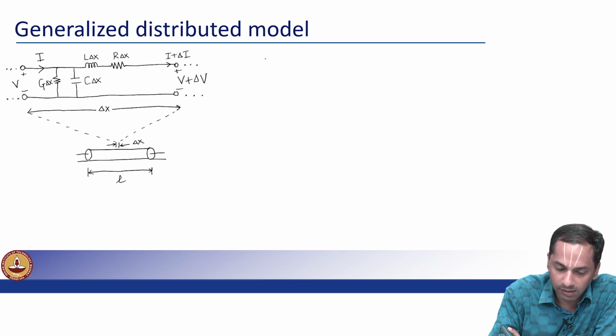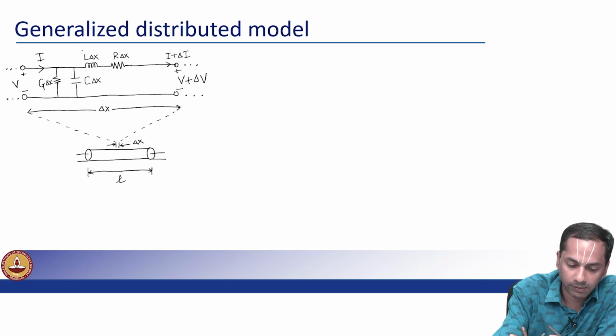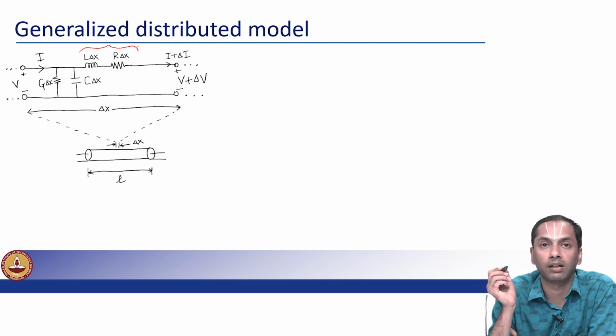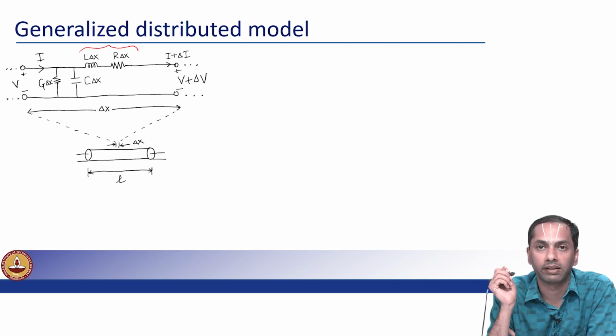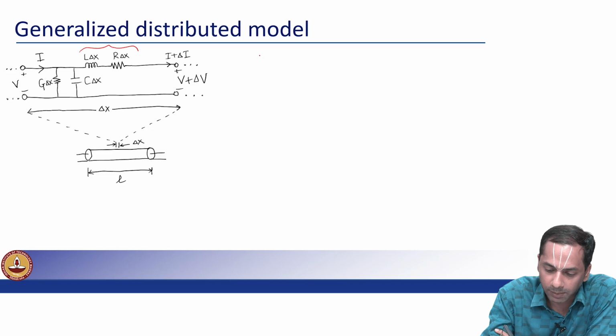So in this case we can say that this R and L, right, we have two elements, that is between the input and output ports in series, right. Perhaps go back even a step further, right.